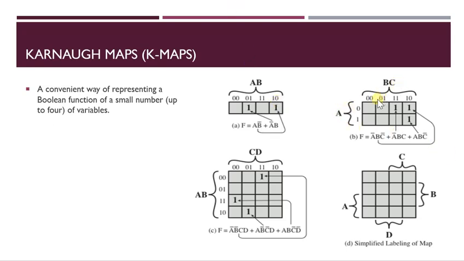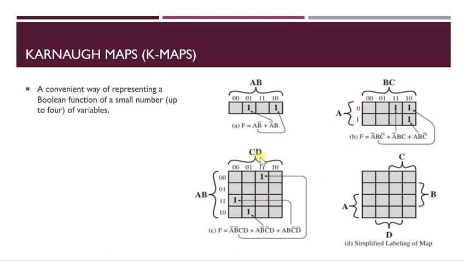For the 3 variables, where we have 8 cells, the bits for variables B and C are the same as the 2 variables. For the row part, variable A only contains 0 and 1, because we only have 1 variable here, and the possibilities for 1 variable are only 2, which are 0 and 1.